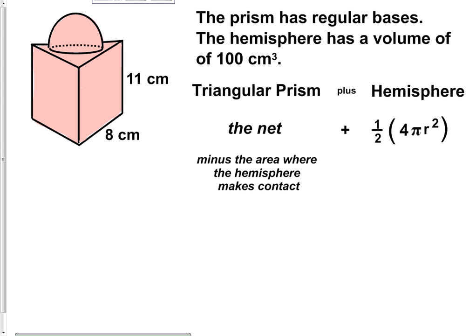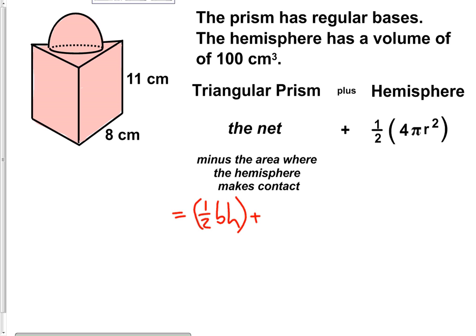Okay, on the triangular prism, we have to remove that circle where the hemisphere makes contact, and then there is no adjustment on the hemisphere other than to take half of the formula. So let's take a look at what we have. For the triangular prism, looking at the net, we're going to have one triangle, so we're going to have 1/2 times base times height. That's our triangle.